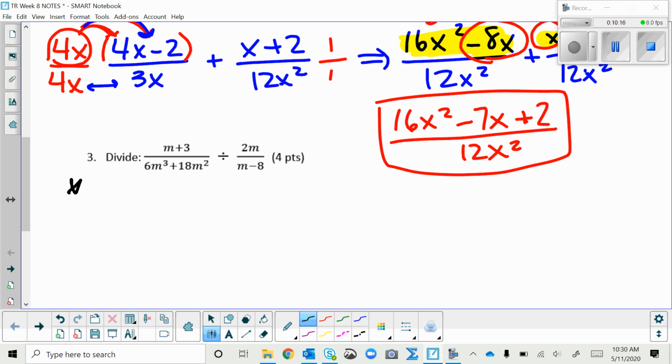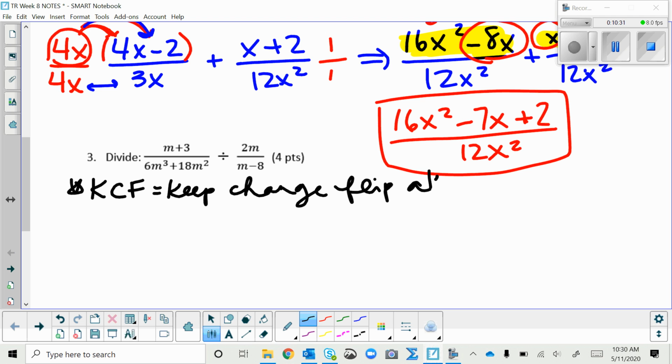So we're going to do keep, change, flip: keep the first fraction the same, change the division to multiplication, and flip the second one, also known as multiply by the reciprocal.